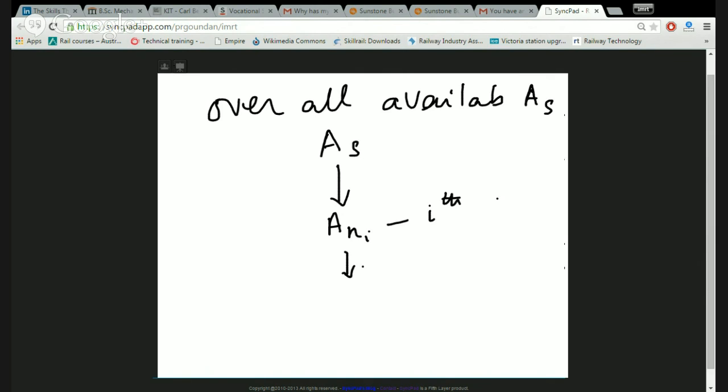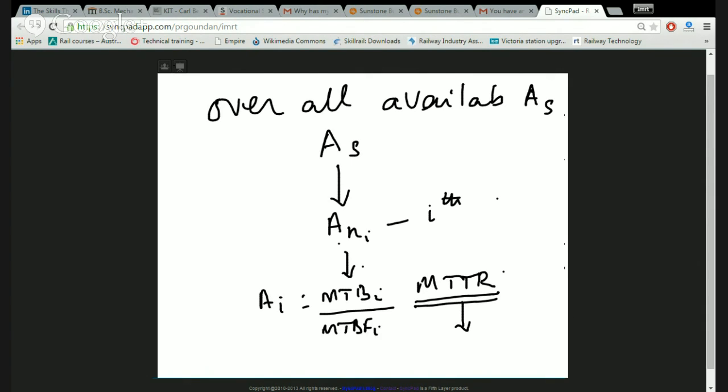Once you get this, if I know either the MTTR or the MTTF, most probably the MTTR will be known, I go to the MTBF because A_i equals MTBF of the ith system divided by MTBF of the ith system plus MTTR.